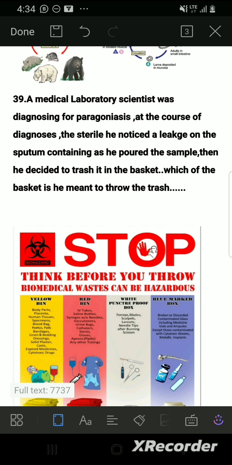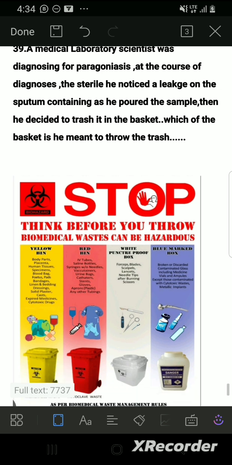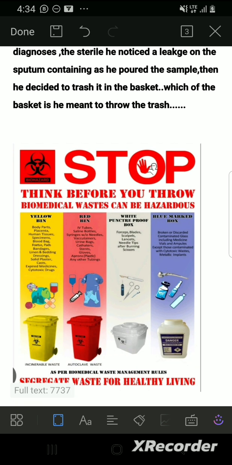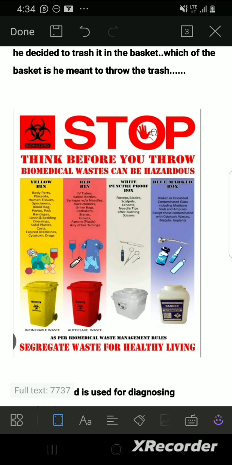So which basket is he meant to throw the trash in? We should know the different basket colors and the trash that is meant to be thrown in them. The yellow basket is for body parts, placenta, human tissues, so it's mainly for things gotten from the body. Also bandages, bed linen, plasters, casts, expired medicine, cytotoxic drugs.